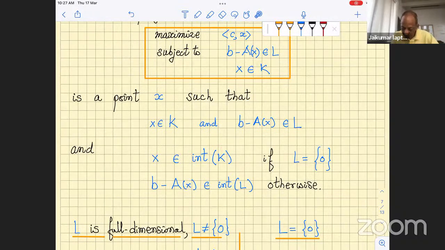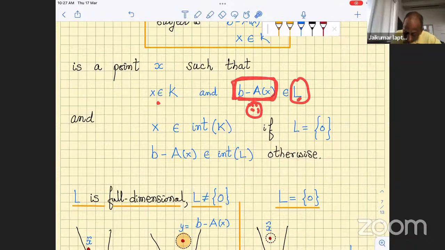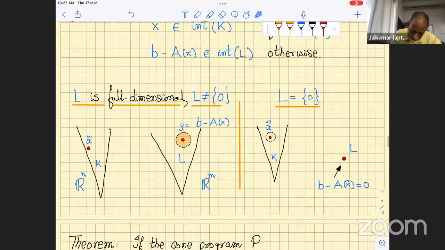If the cone on the right-hand side is full dimensional, then what we ask for L is that this point which is inside L should have a little ball surrounding it, which keeps it inside L. Okay, so let me show you the pictures here.